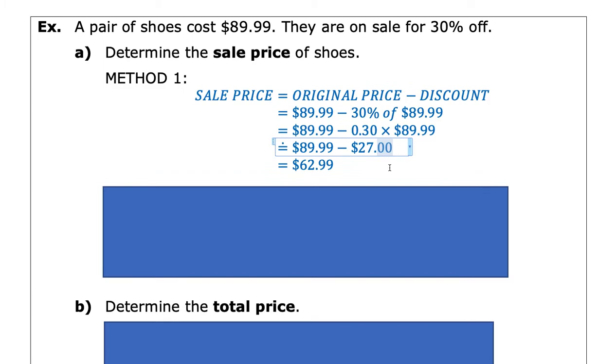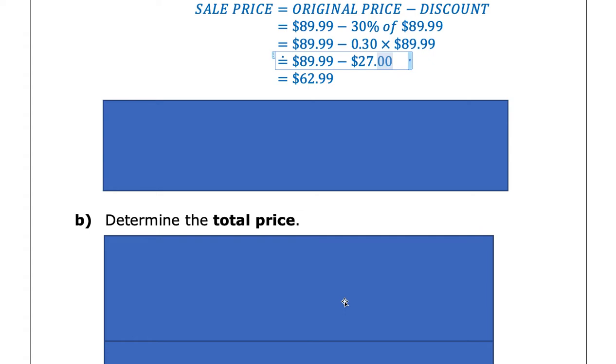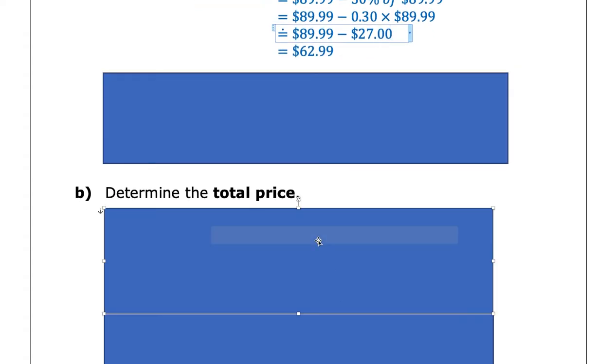Let's try part B. Determine the total price. I'll give you a moment to try this. You can pause the video. Hopefully you remember that the total price is equal to the sale price plus HST.